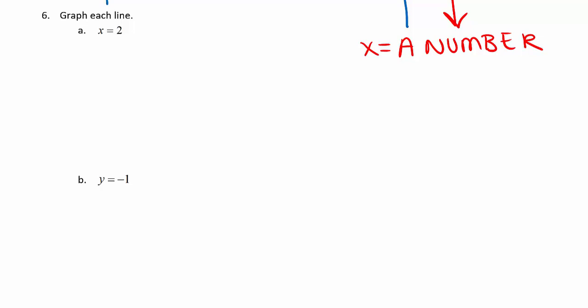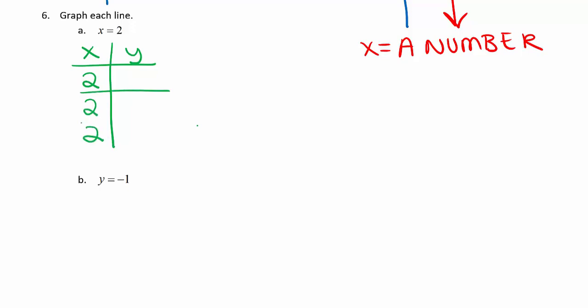So x equals 2, if you remember that this is a vertical line because it's an x equals, you can actually go ahead and just draw the graph right away. But the great thing is if you don't remember, you can make your table of values. Now this is kind of a special equation in that it doesn't have a y. And so how you make the table of values is the x's are always 2's.